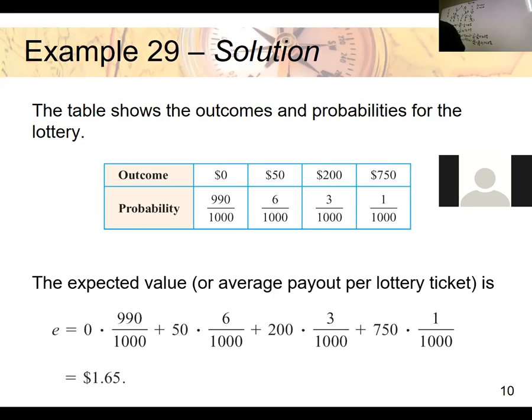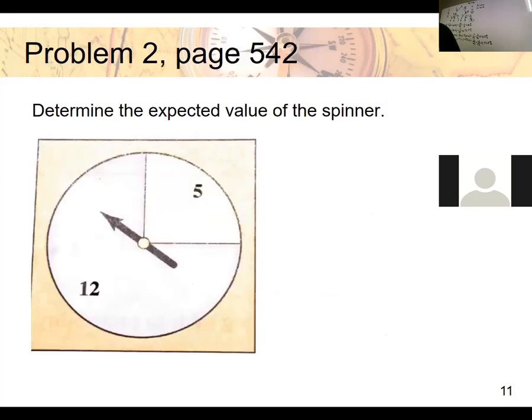Okay, take a look at this problem number 2 on the next slide. And I know this right here is a spinner, one with the number 5 and the other one's the number 12. And here we want to use this to determine the expected value of that spinner.